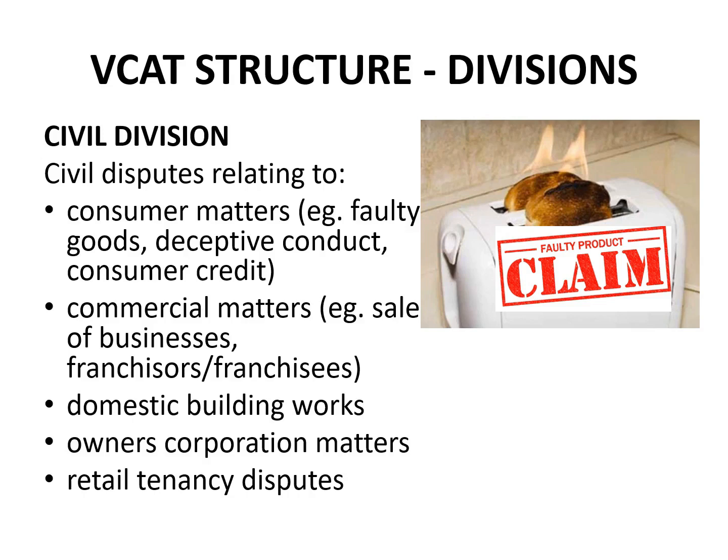Disputes about domestic building works, for example, as where a builder does a shoddy kitchen renovation. Disputes over owners' corporation matters, for example, as where a person lives in a flat and they have a dispute with the owners' corporation, which is the body responsible for looking after the common areas, about the amount of car parking that's available. And retail tenancy disputes, for example, disputes between a shopping centre and the tenant of a shop in the shopping centre.